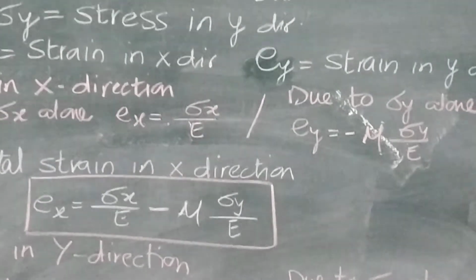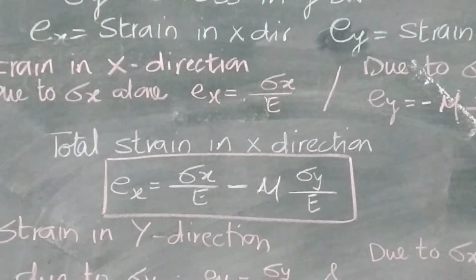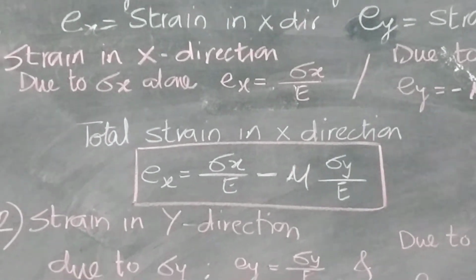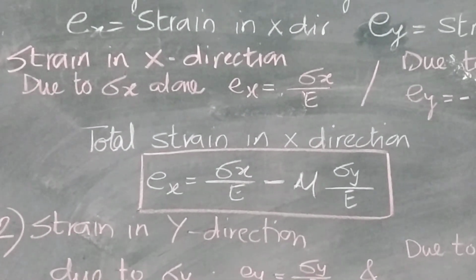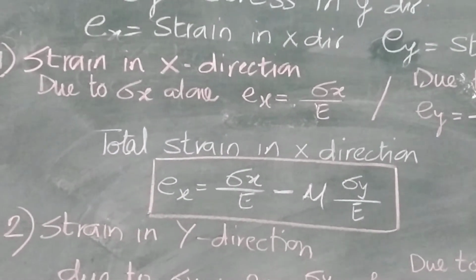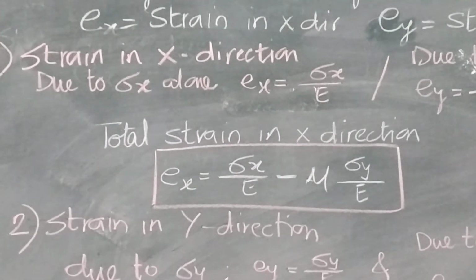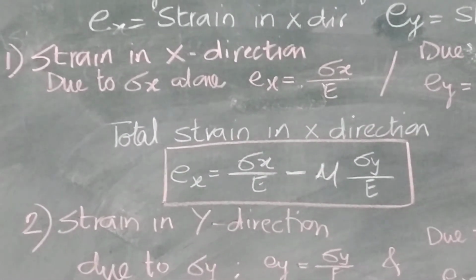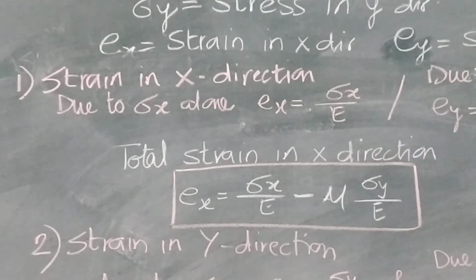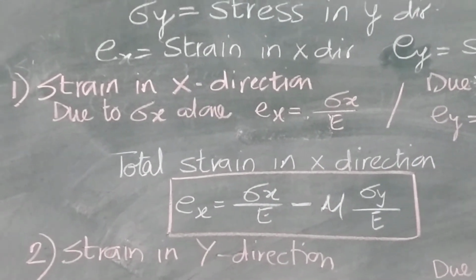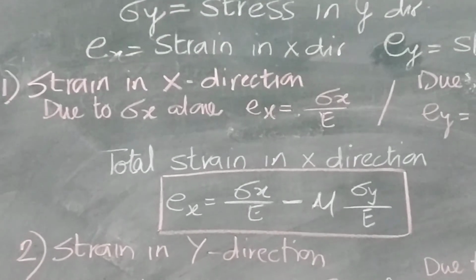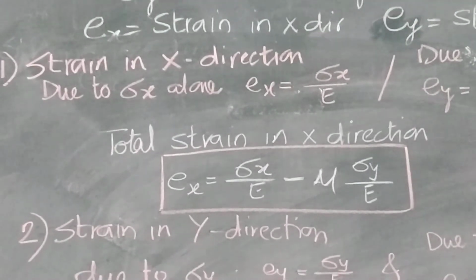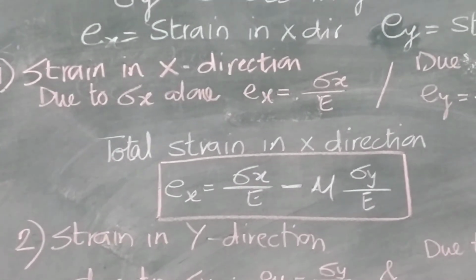Why minus? Because it will get reduced. Therefore, total strain in x direction is Ex equal to sigma x upon E minus mu sigma y upon E. You have to learn by heart or study this derivation.